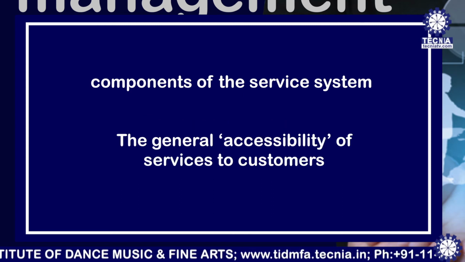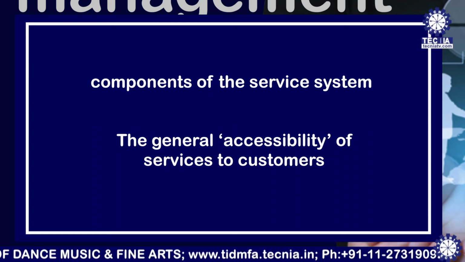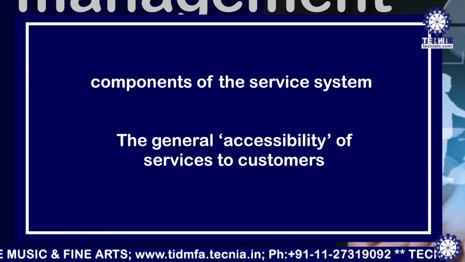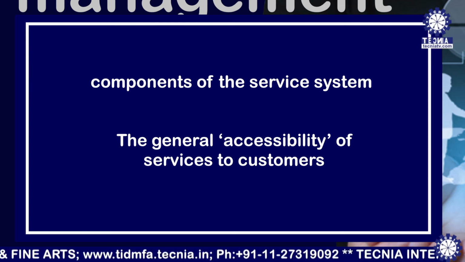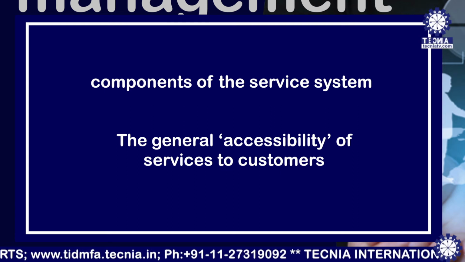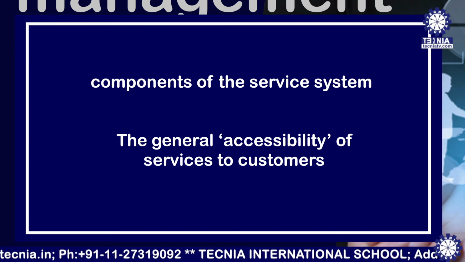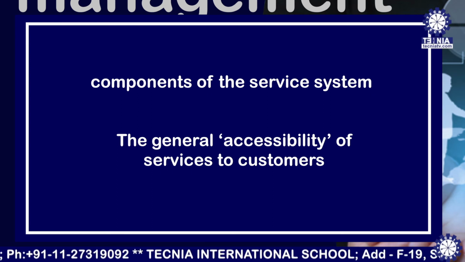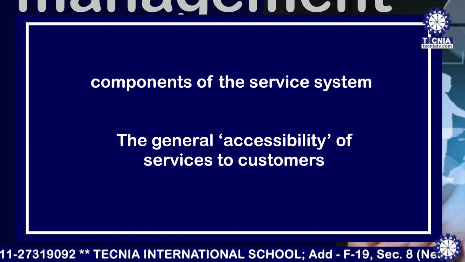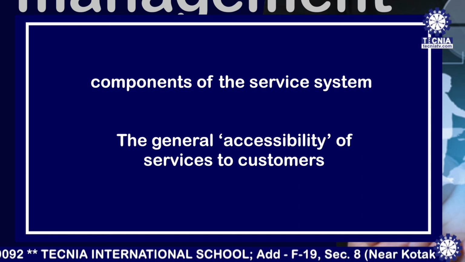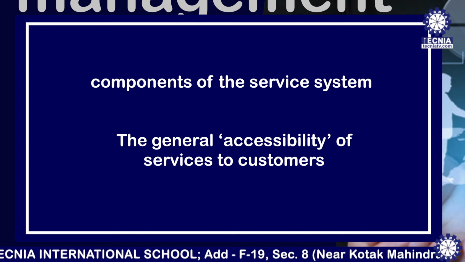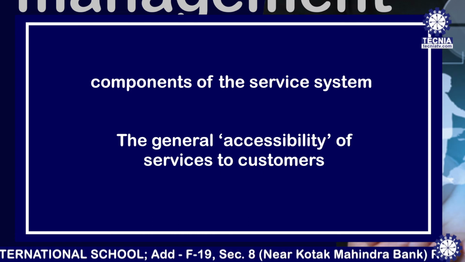Next is the general accessibility of services to customers. How long does it take for a particular service to be delivered at the customer's place? Suppose I made up my mind that today I will have food delivered at my doorstep. I call that restaurant, and he says within 30 minutes it will be delivered. Or some other person says it will take 45 minutes to 1 hour.